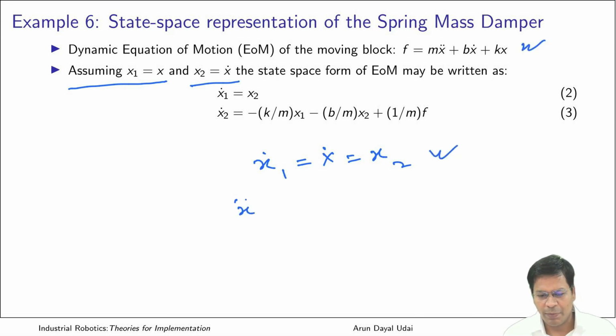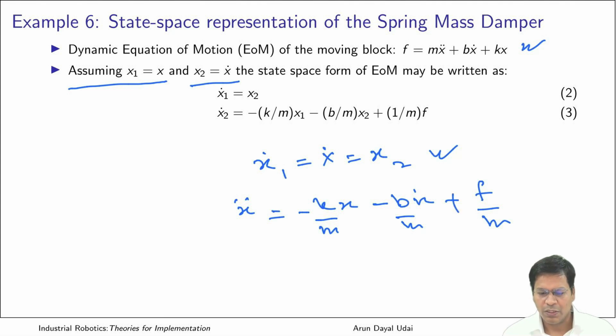Now x double dot is equal to minus k x minus b x dot plus f, all divided by m. It was just m which has multiplied here, so you can write it as m, m and m. Got it? So it should be plus over here. Now you substitute these again here.